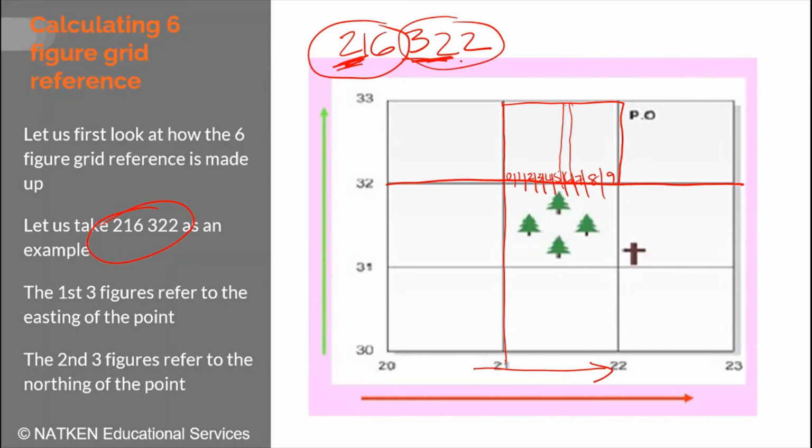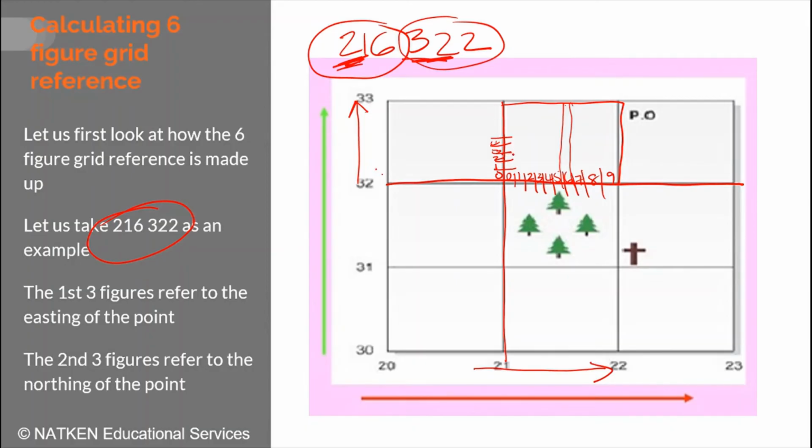And for 32 here, remember that the northern lines increase in a northerly direction. So in order to find the northern, it means that to get 2, we would need to be going up in this direction. So to do that, we would cut our box this way. So we have 0, we go up 1, everything in here is 2, 3, 4, and we continue until we get to 9.